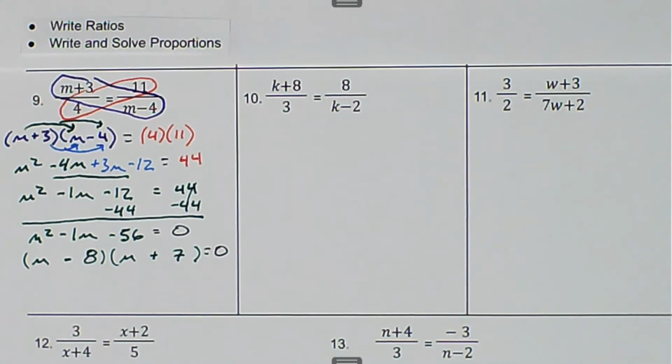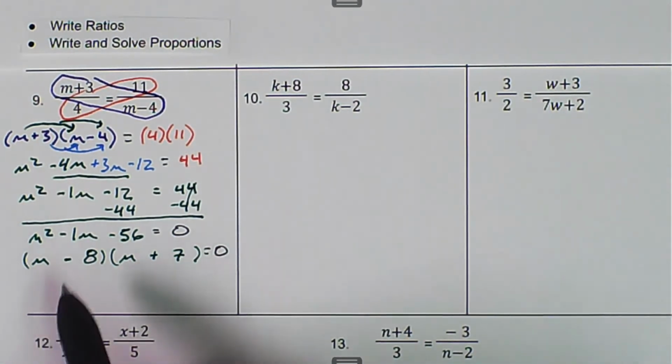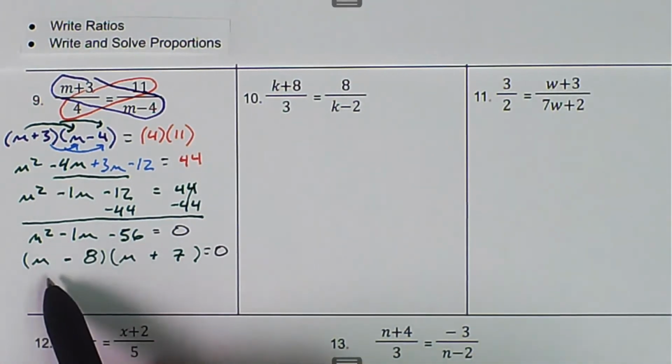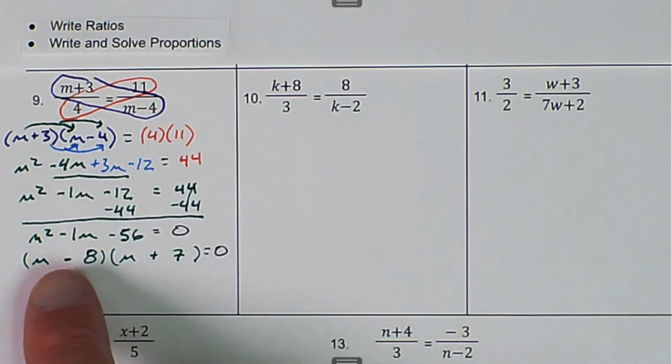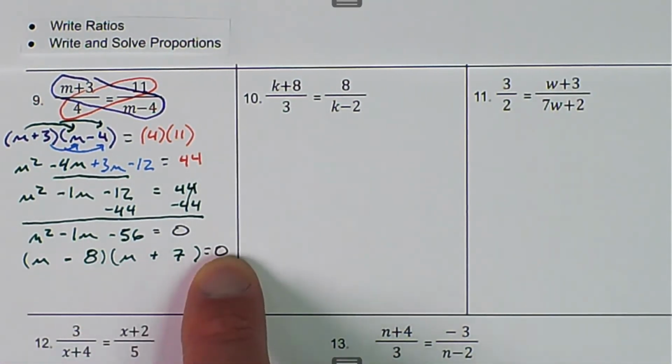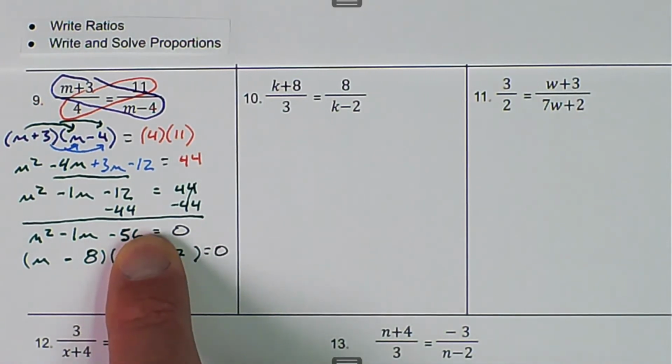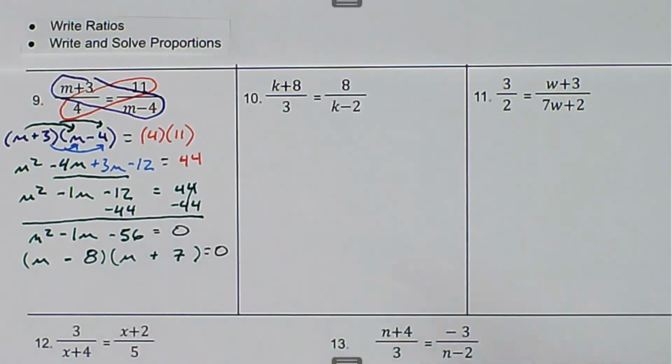And then the actual solution to this is the zero product property, or what would make this whole thing 0, because 0 times anything is always 0. So what would make that value 0? What would m have to be in order to make that binomial value 0? We already have negative 8, so m, in this case, will have to be 8.